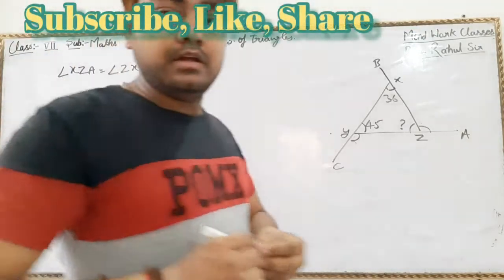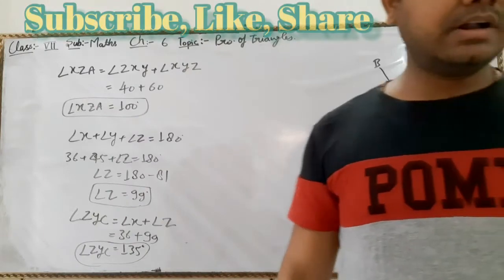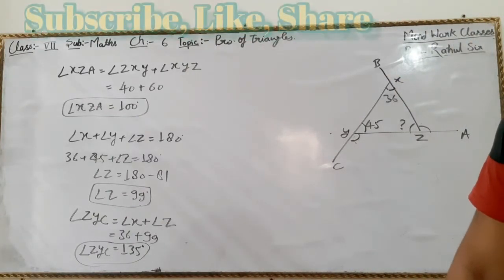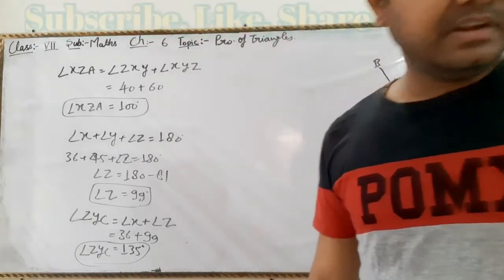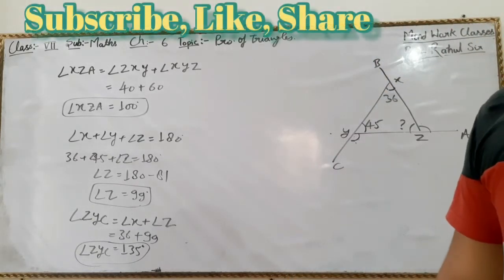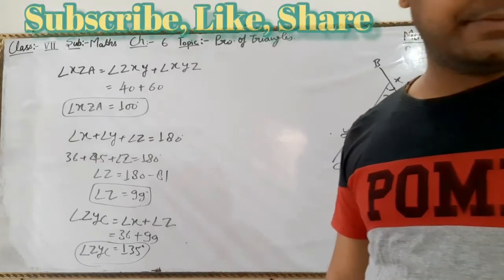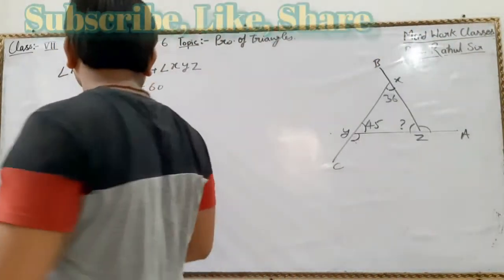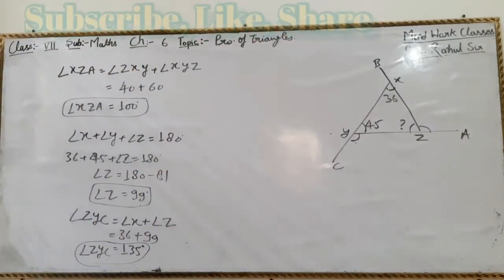Now let's come to another question. Let's come to question number 15. What is given here? Find out 1, 2, 3, 4 and 5. The figure is given and we have to find out these angles. Now please take the screenshot of this question.